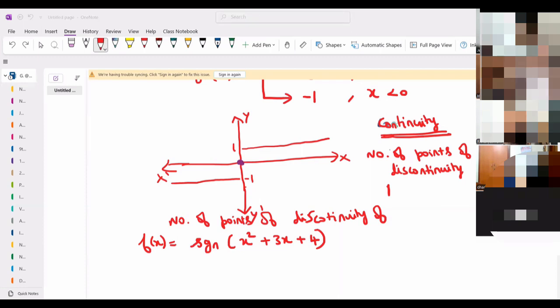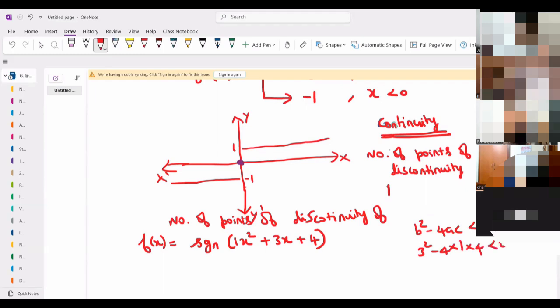No, sir. So it does not have real roots, isn't it? Yes, sir. b square minus 4ac is negative here, because 3 square minus 4 into a value, a is 1, c value is 4. So this comes out to be 9 minus 16, which is negative.